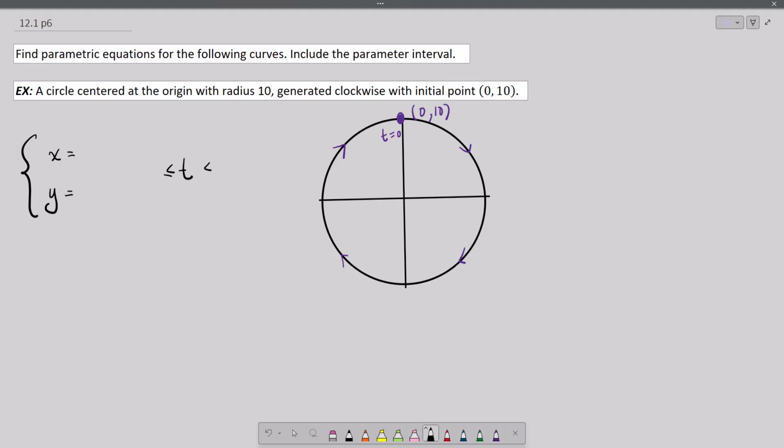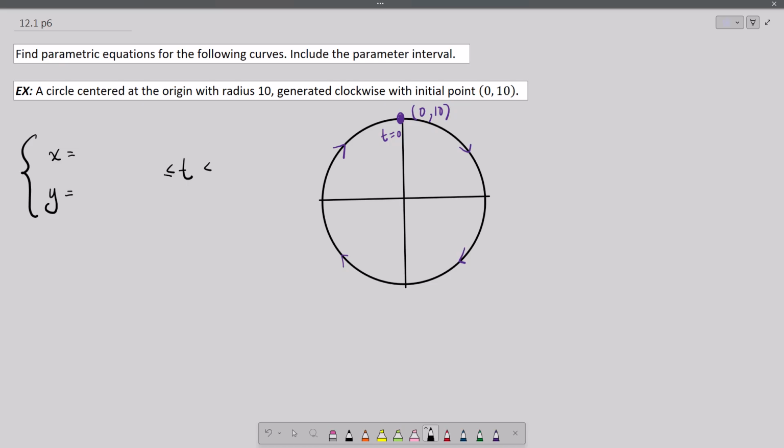If we look at the typical parameterization of the unit circle, it's cosine and sine. And if we have cosine and sine, that starts us over here. So if we had cosine and sine and we just had a unit circle, that would put us here, 1, 0. If we switch cosine and sine, that would put us at 0, 1.